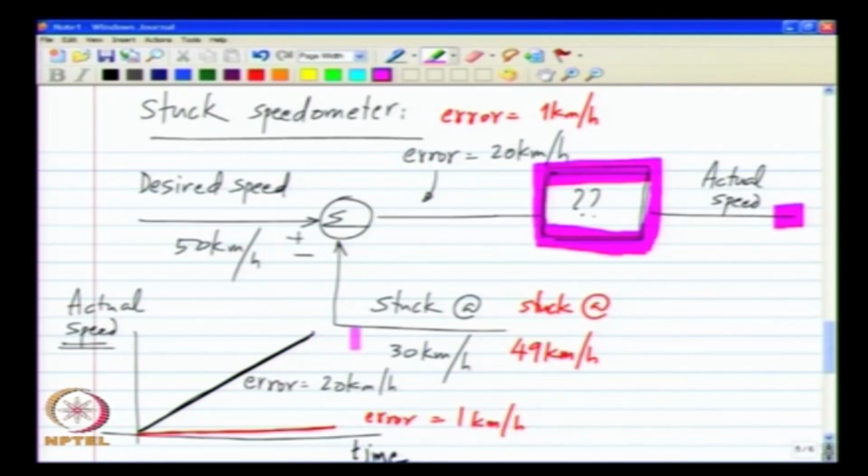Now you can get further insight into this by assuming that the speedometer is stuck at 49 kilometers an hour. I have deliberately chosen a value that is very close to the desired speed of 50 kilometers an hour. So if you see the speedometer at 49 kilometers an hour, what do you do? You still accelerate so that you think you can reach 50 kilometers an hour, but in this case you do it much more gently.